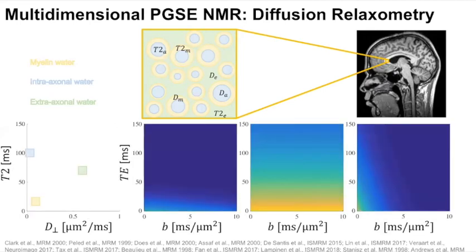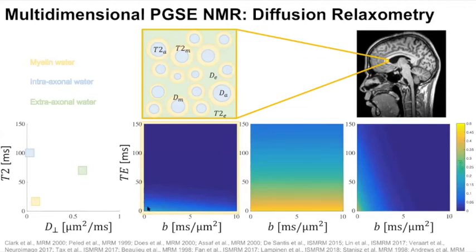So if we leave out the CSF because it's quite far away in this space, and we zoom in on the other compartments, and we plot echo time versus B value, we can see that they have, this is a simulation, but they have quite a different signal profile, depending on where in this space you are and how much signal you still have. So the myelin water at the echo times we can measure is almost completely gone, and they have very low signal fractions.